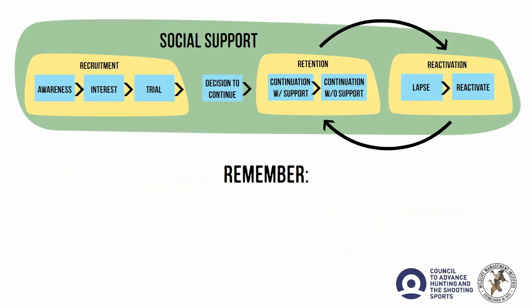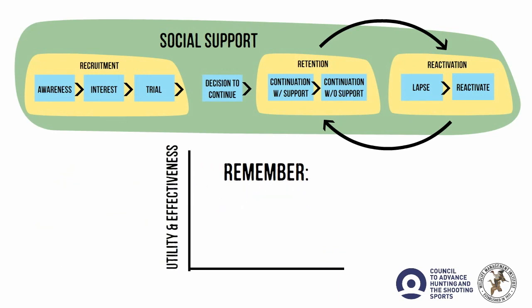Finally, it's important to remember that the utility and effectiveness of the mapping exercise is directly proportional to the discipline applied to it. Whether you're mapping a hunting R3 effort, an angling R3 effort, or a shooting sports R3 effort, there's a tendency among a lot of us to give our programs a little bit more credit than what they're due.